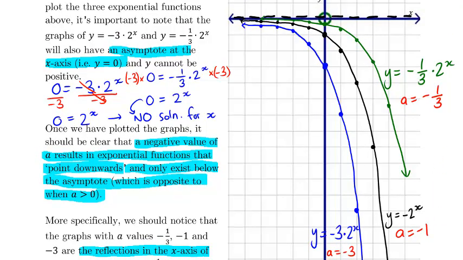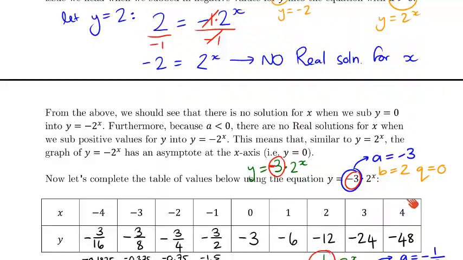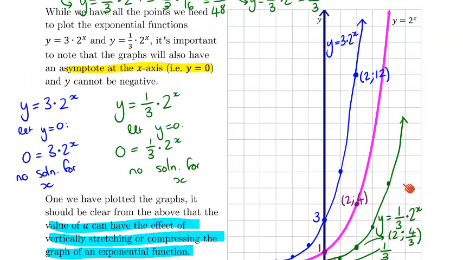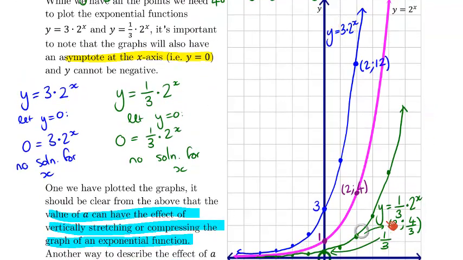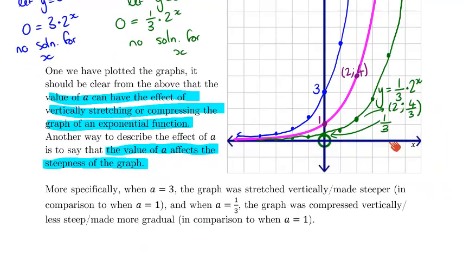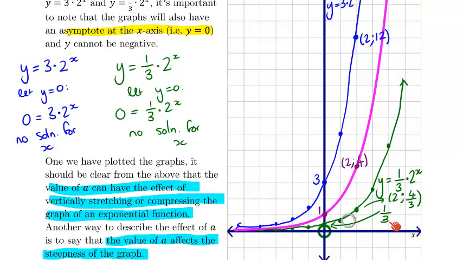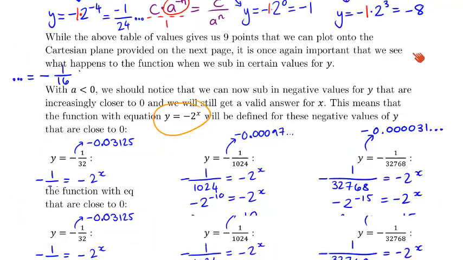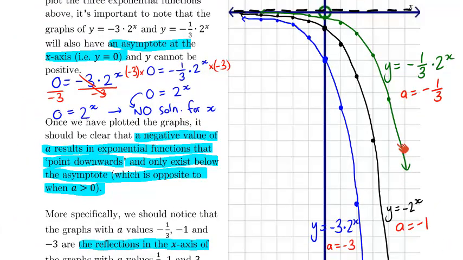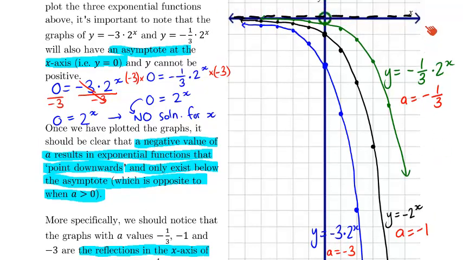These graphs are basically the same as the graphs that we had up here. There we go. They're basically the same as these three graphs over there. It's just that this x-axis has acted like a reflection. This x-axis has acted like a mirror, and these graphs are reflected in that mirror to become what we have down over here. That mirror is the x-axis, in other words, the asymptote.